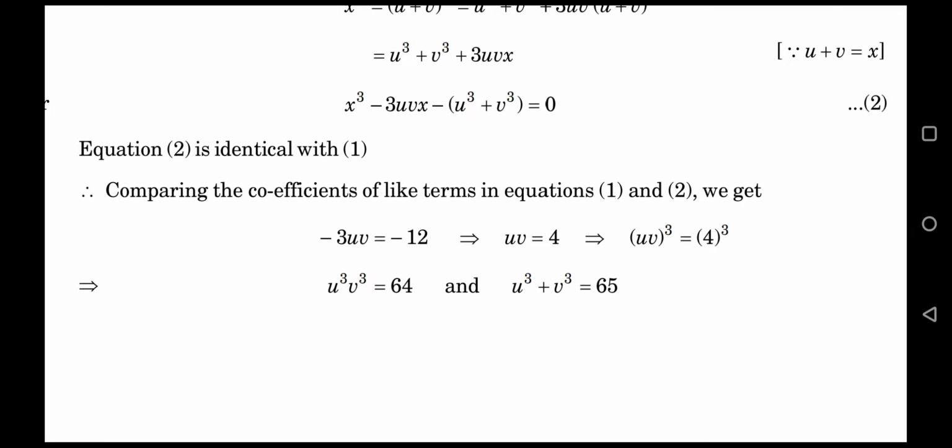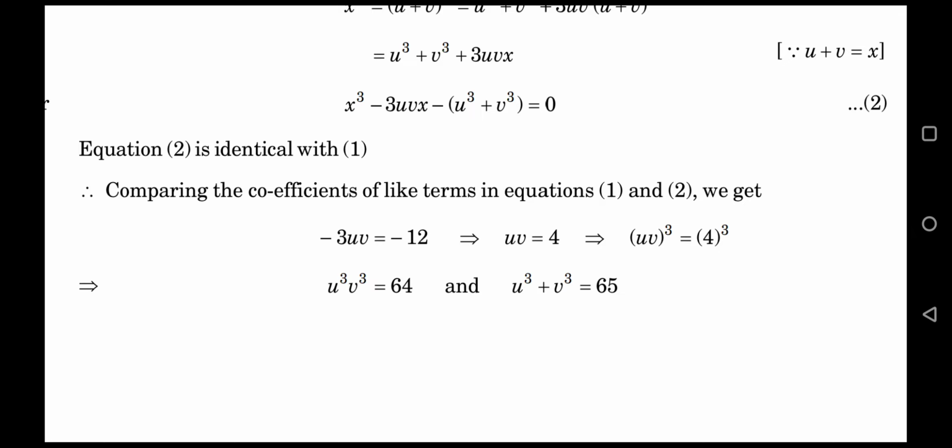Now we can consider a new equation whose roots are u cube and v cube. t square minus sum of the roots into t plus product of the roots equals 0. The equation is t square minus 65t plus product of the roots equals 0.